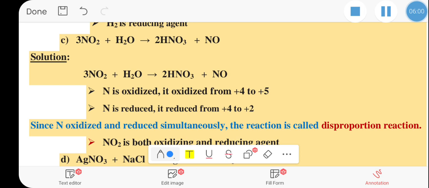The third question, nitrogen dioxide reacts with water to produce nitric acid and nitrogen monoxide. In this reaction, you are expected to calculate the oxidation number of all elements in the reactant and product side.